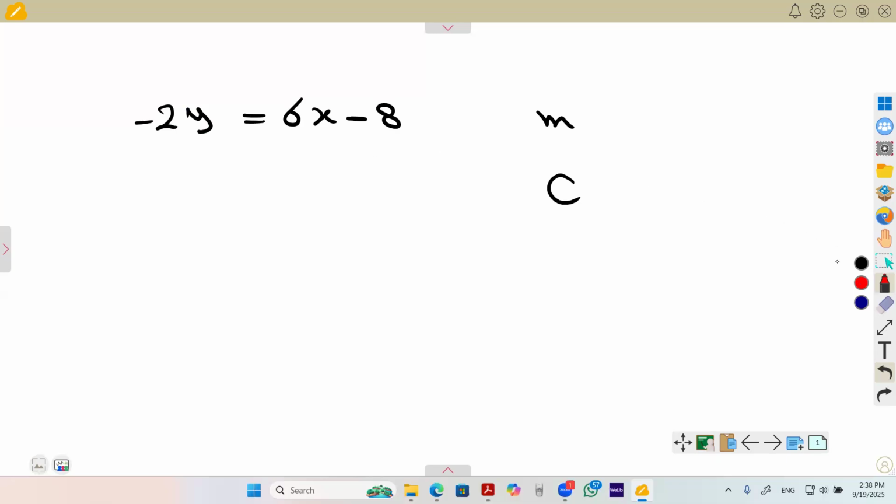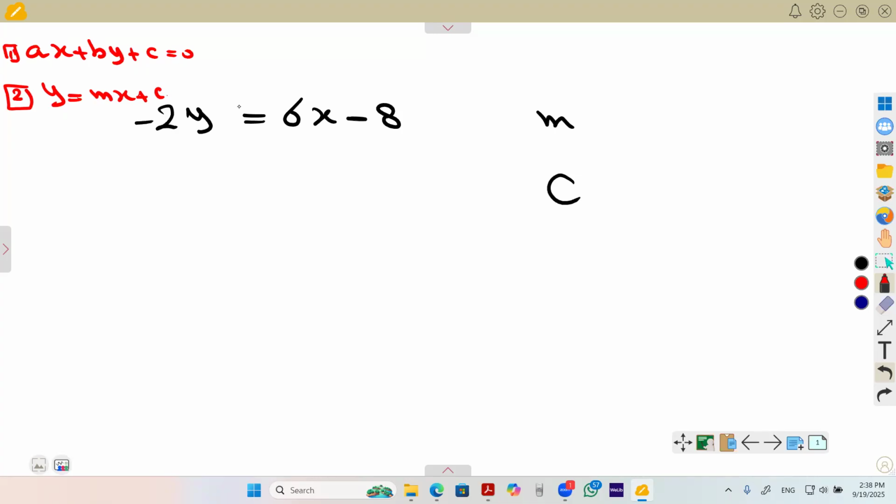Which is easier for you now, to put this equation in the zero equation form, like ax plus by plus c equals 0, or to put it in the form of the slope and the y-intercept, y equals mx plus c? Which one is better for you?